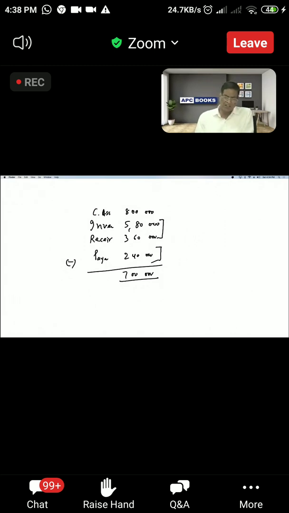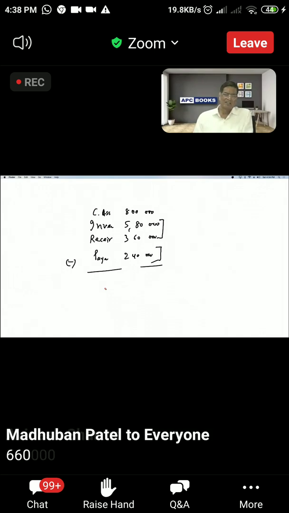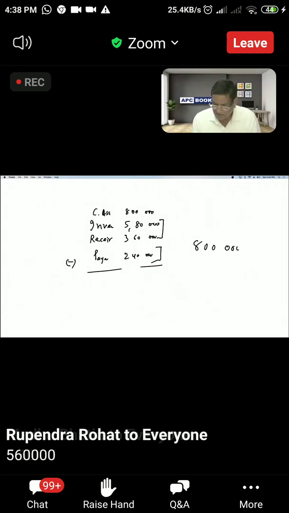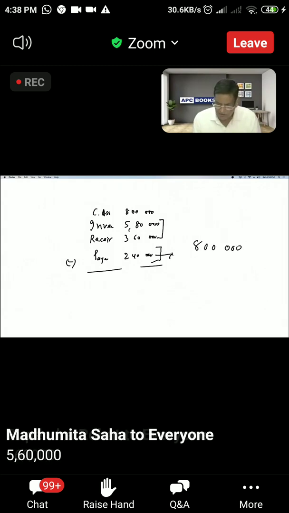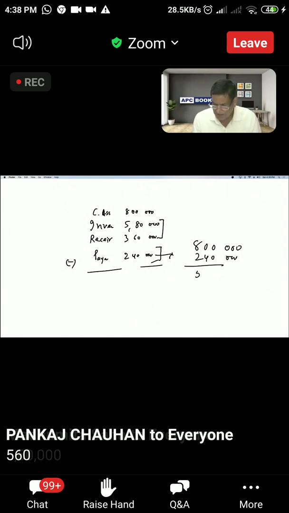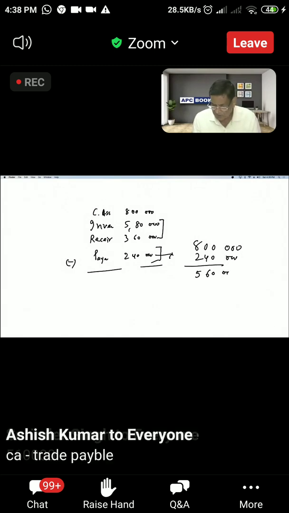What is the working capital? Quite simple. Current assets 8 lakh minus current liability 240. Working capital is 5 lakh 60,000.